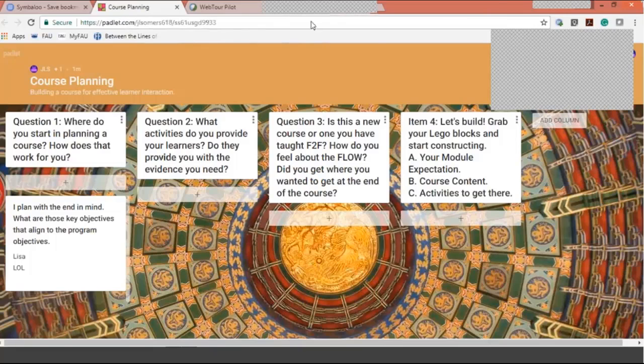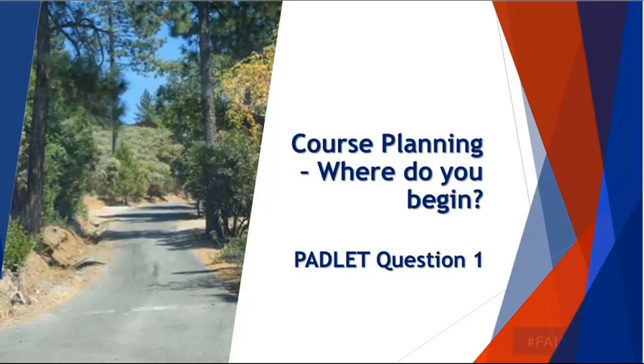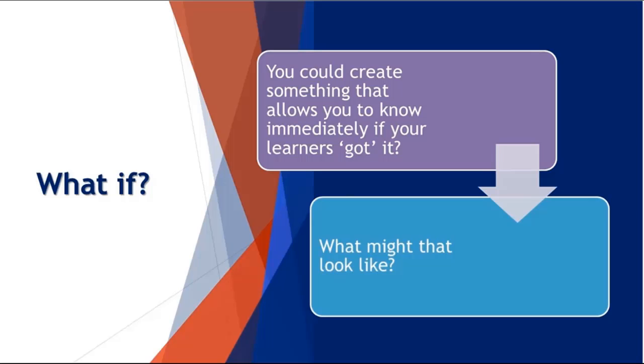All right, so let's go back to where we were. We've talked about where we begin, and you're thinking about where you begin. So what if you could create something that allows you to know immediately if your learners got it? What might that look like?